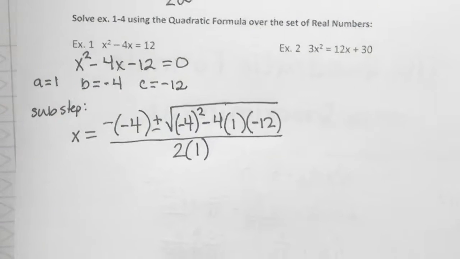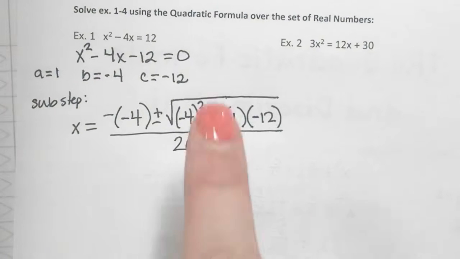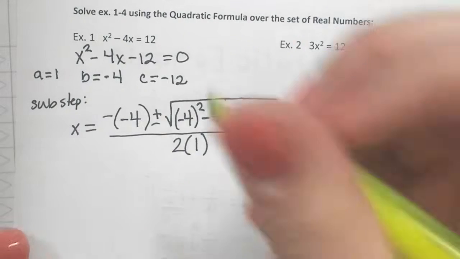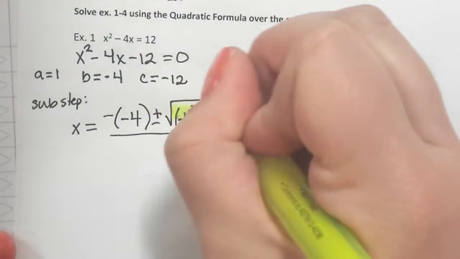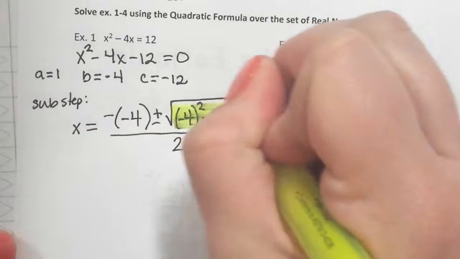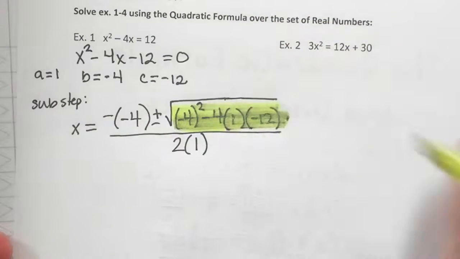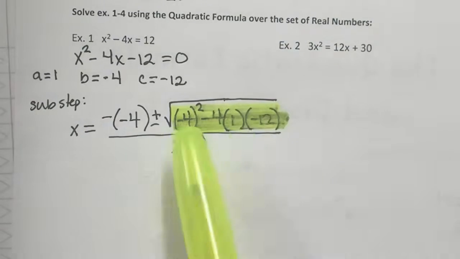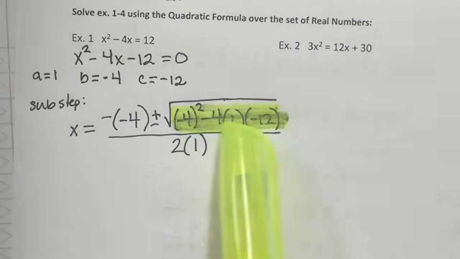Now, even though Desmos has the capability for you to type this whole thing in, you could do that. You don't want to, though, okay? Because we want to see parts of this along the way. All right, so what you're going to evaluate first is the stuff under the square root, that's called the discriminant. We'll talk about that in a minute.